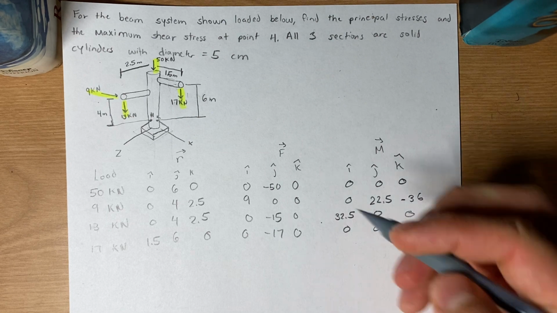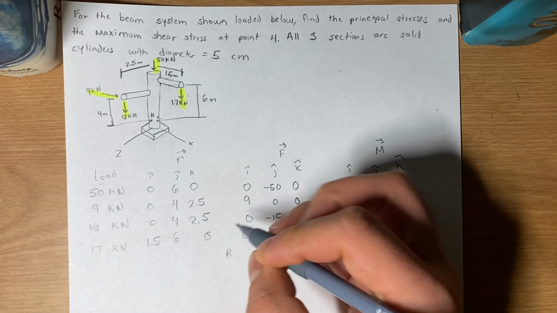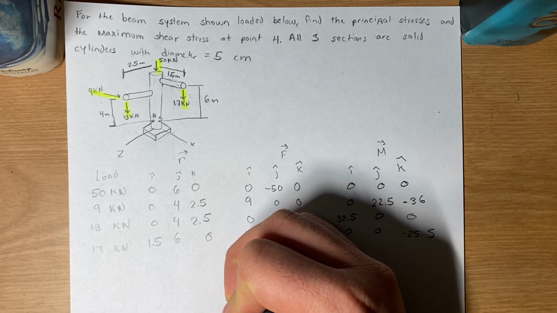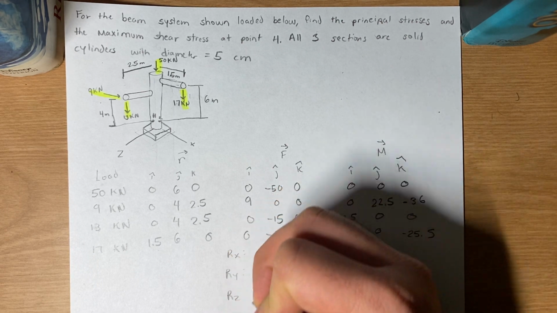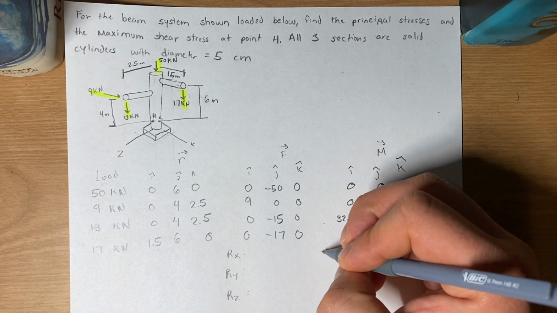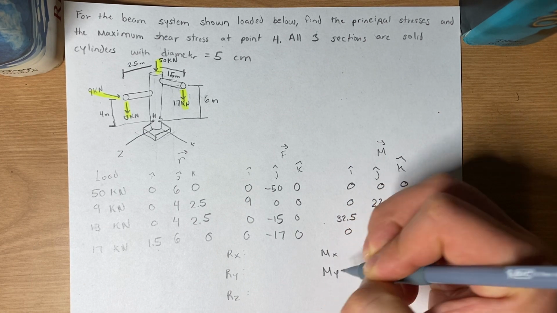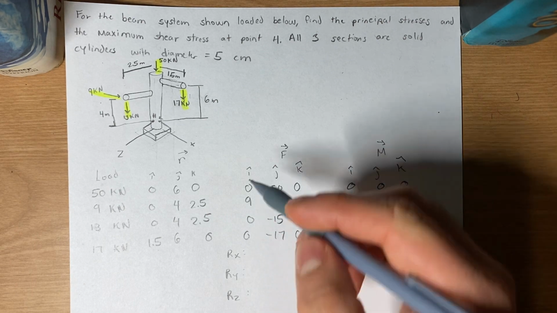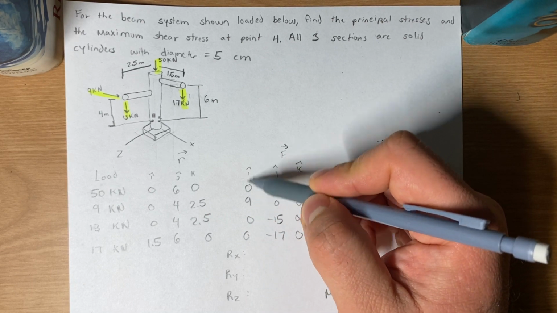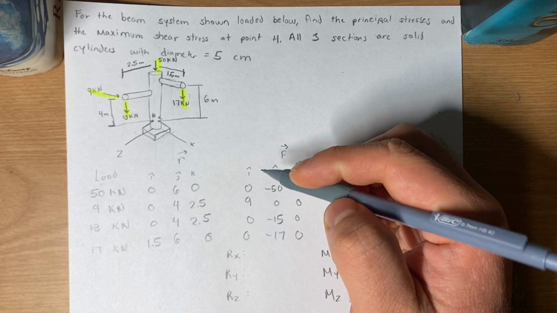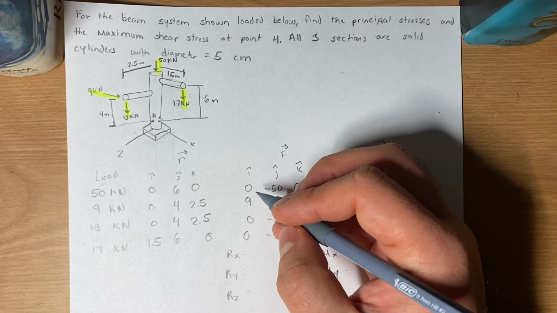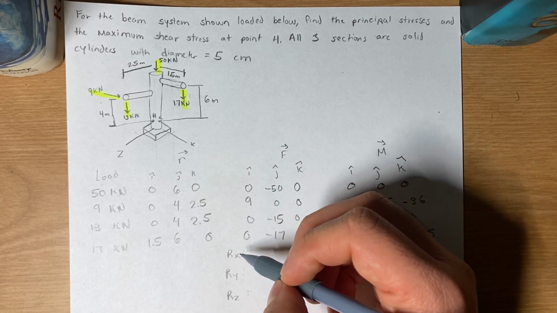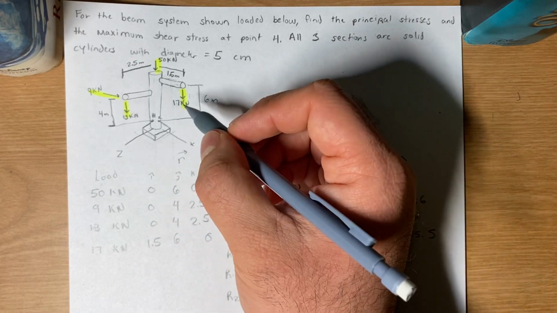With this, we find our reaction X, reaction Y, reaction Z. We also want our moment X, moment Y, moment Z. How we calculate this is we go down the row. Our I's are our X. We go down and add all of them, and then we take the opposite sign because our reaction here is the opposite.